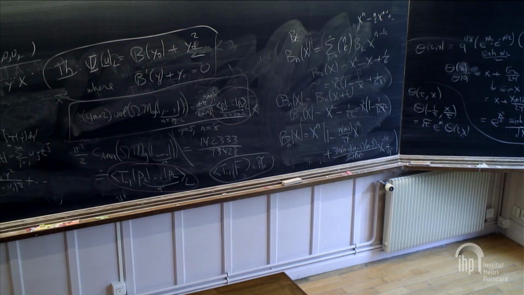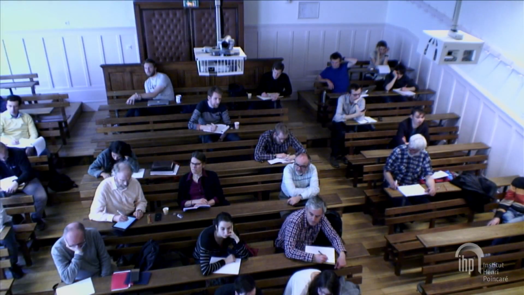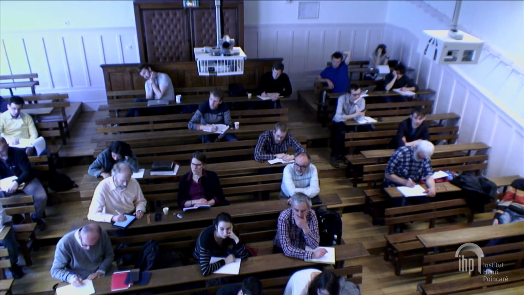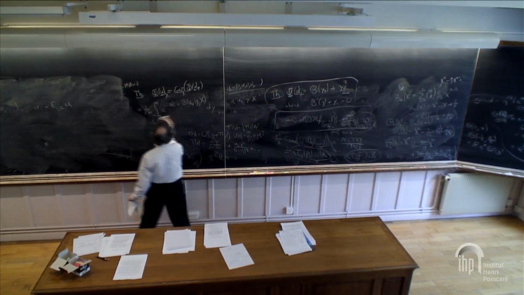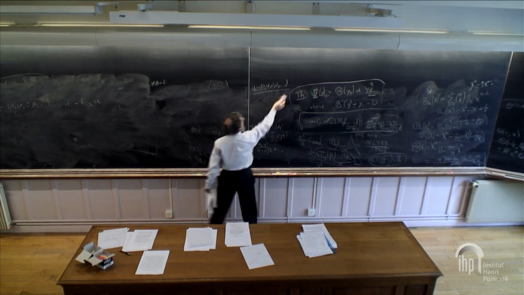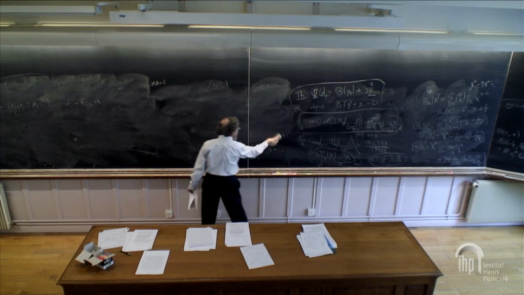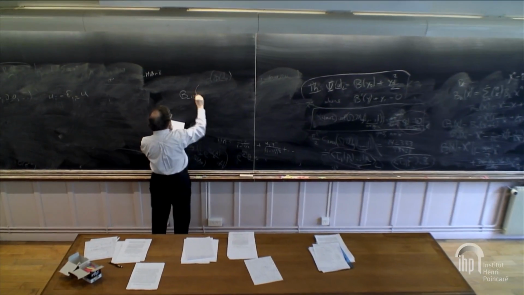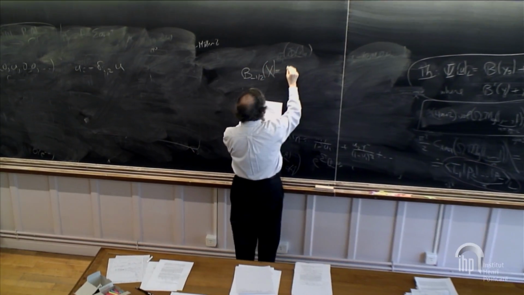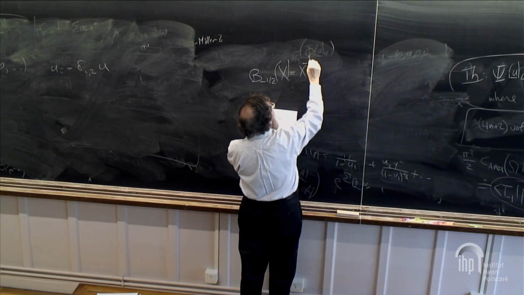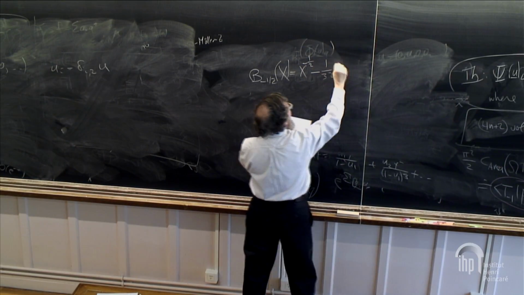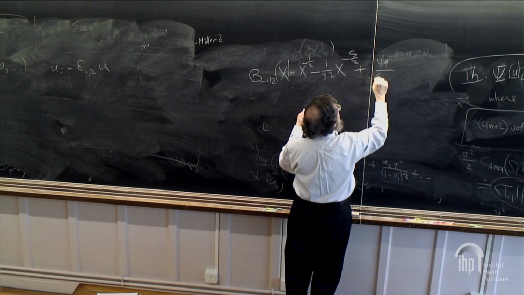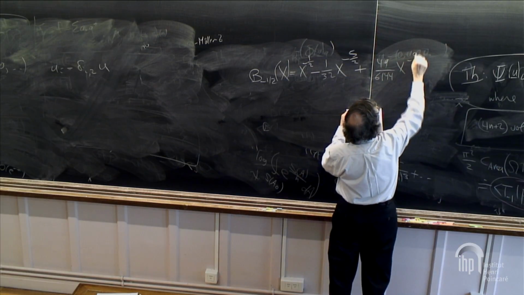So, I'm particularly interested in these functions for half integers, and in particular I'm going to need the following three. b minus a half of x is x to the minus a half minus 1 over 32 x to the minus 5 halves plus 49 over 6144 times x to the minus 9 halves.